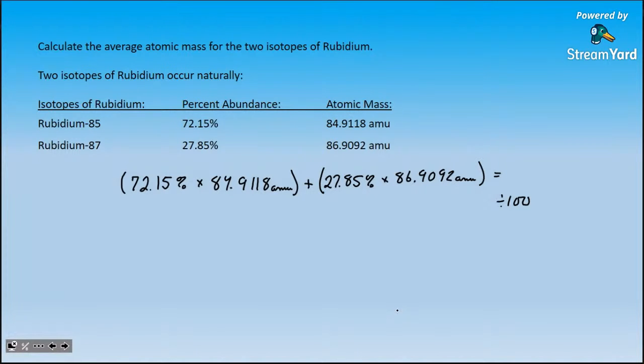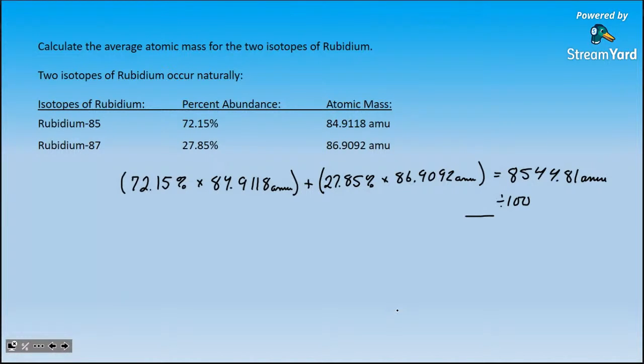Again, in the calculator, you would open parentheses, 72.15 times 84.9118, close parentheses, plus 27.85 times the 86.9092, close parentheses, go on and hit enter. I get 8,546.807, but I'm going to round that to 2 decimal places.